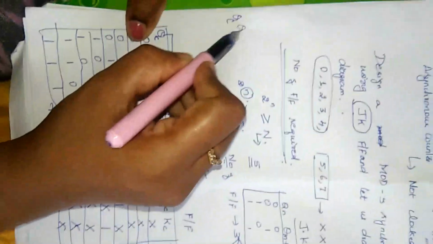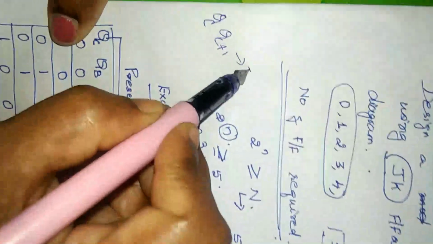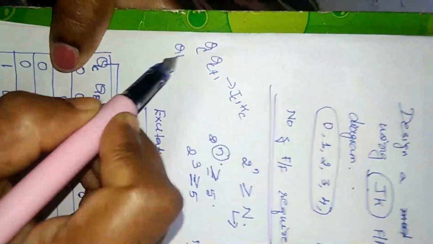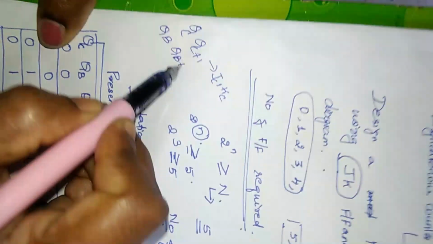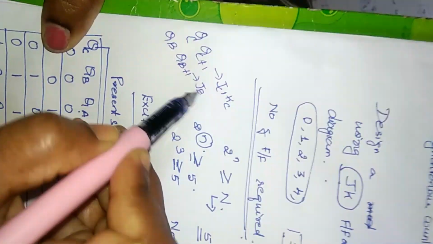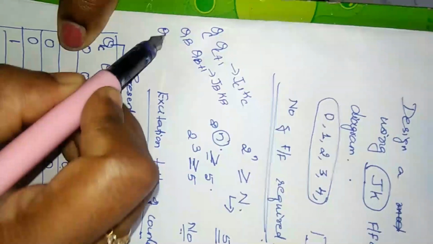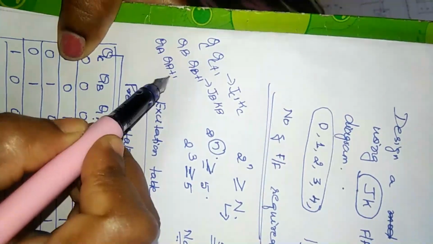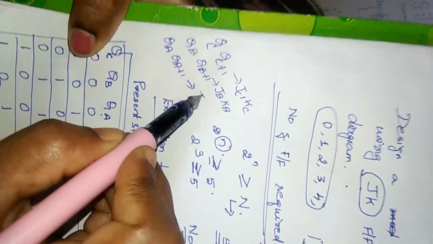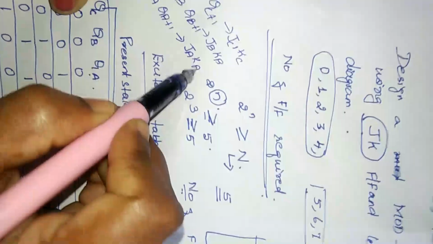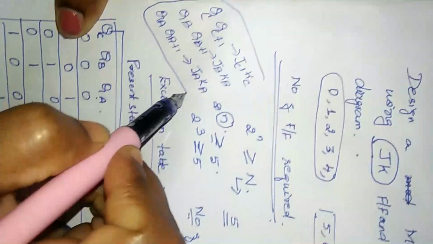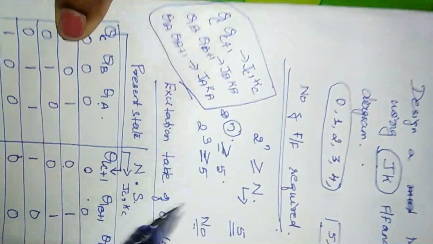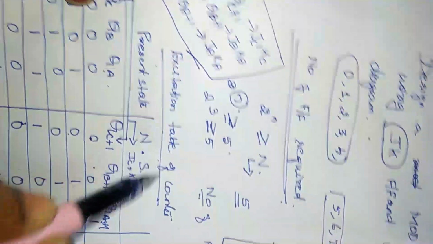QC plus 1 gives you JC, KC. QB plus 1 gives you JB, KB. QA plus 1, that is the present state and the next state of your A input, gives you JAKA. Okay, so this is how you complete your excitation table of the counter using these inputs.